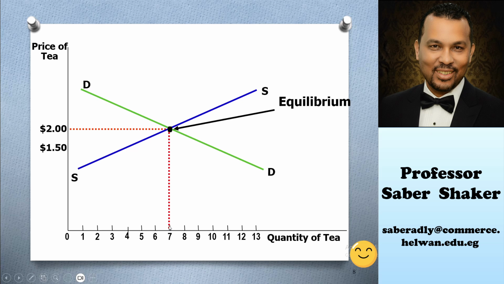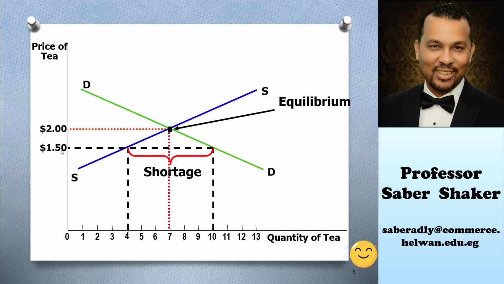Quantity demanded equals 7, quantity supplied equals 7 at price 2. Any price below equilibrium, for example 1.5: at 1.5, intersection with supply, quantity supplied equals 4 units. Intersection with demand, quantity demanded equals 10 units. So in this case quantity demanded is greater than quantity supplied, or quantity supplied is lower than quantity demanded. So in this case, we talk about shortage.